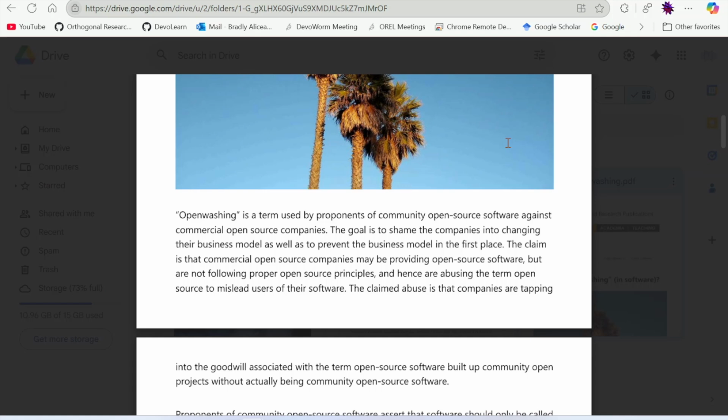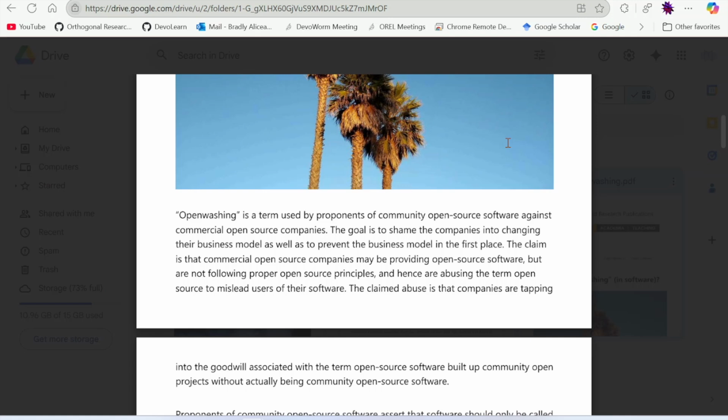So this is where it couches it as something that people in FOSS organizations or nonprofit open source software organizations will use to contrast themselves with commercial open source companies or large corporations engaging in open source. The goal is to shame the companies into changing their business model, as well as to prevent the business model in the first place.